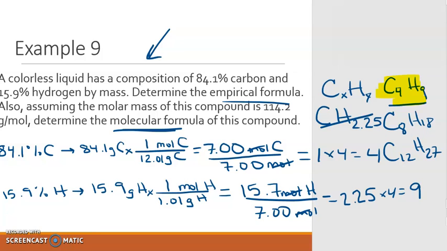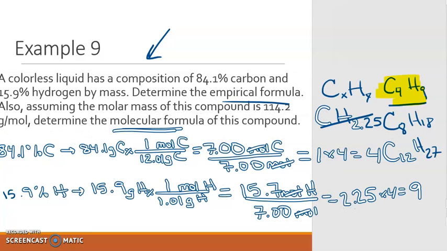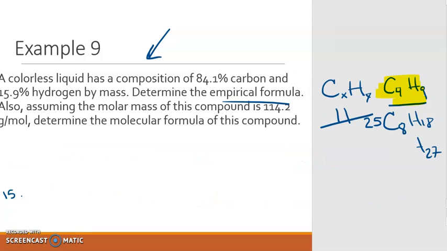So what I'm going to do is go ahead and clean up this space a little bit. There we go. Gives us a little bit more space to work in. And so we left off figuring out that the empirical formula for this unknown compound was C4H9.